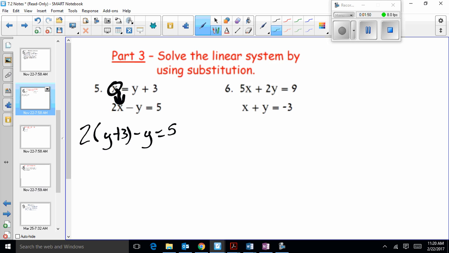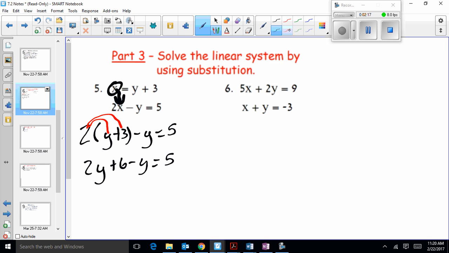So I'm going to go ahead and distribute the 2 to the parentheses, and I'll have 2y plus 6 minus y equals 5. Okay, so what I did was I plugged in y plus 3 for x, to be able to have one variable in the equation. So now I'm able to solve for y.